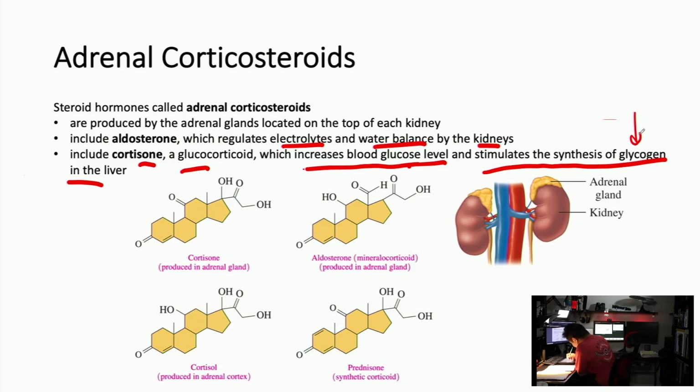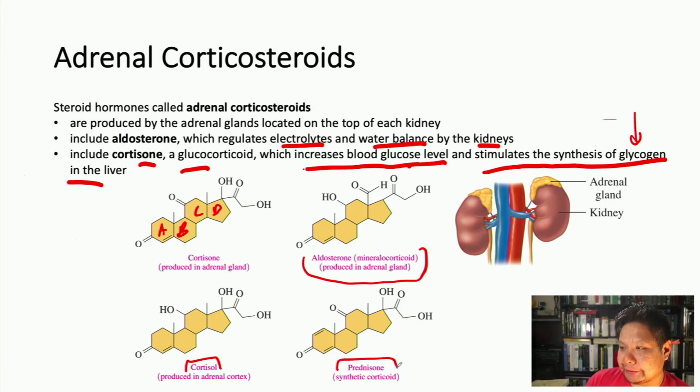So here's cortisone, also steroid, A, B, C, D, right? Here's aldosterone, helping with those electrolytes. Cortisol, and one that you should all know, prednisone. How many times have you had to take prednisone because of allergies or something, like a bad allergic reaction?